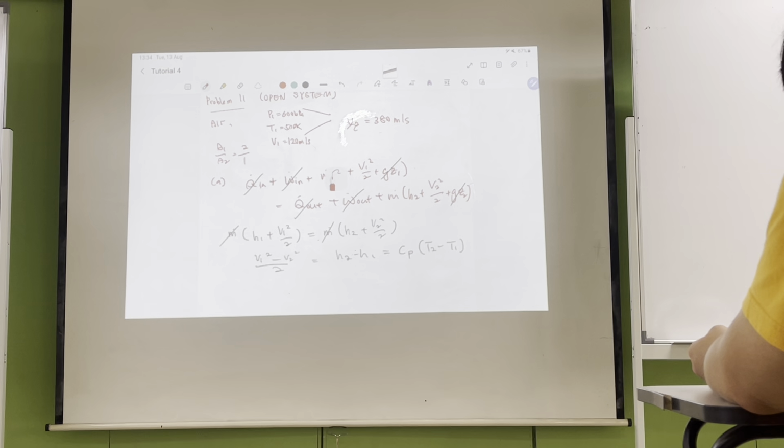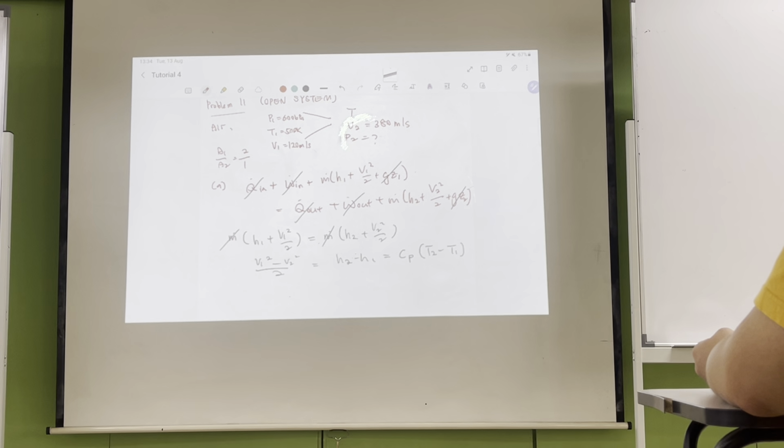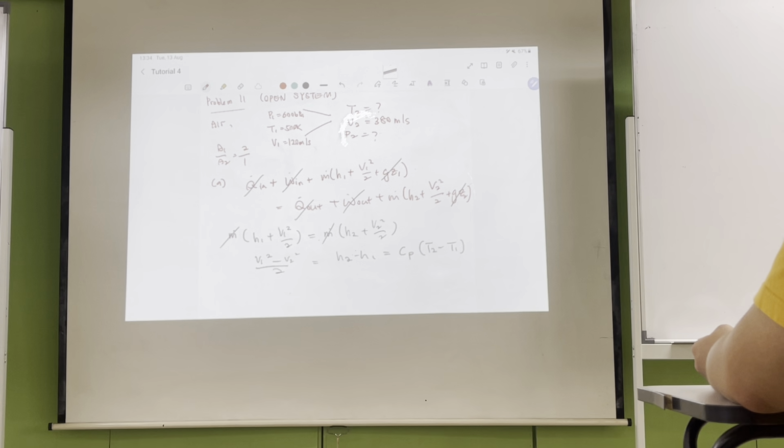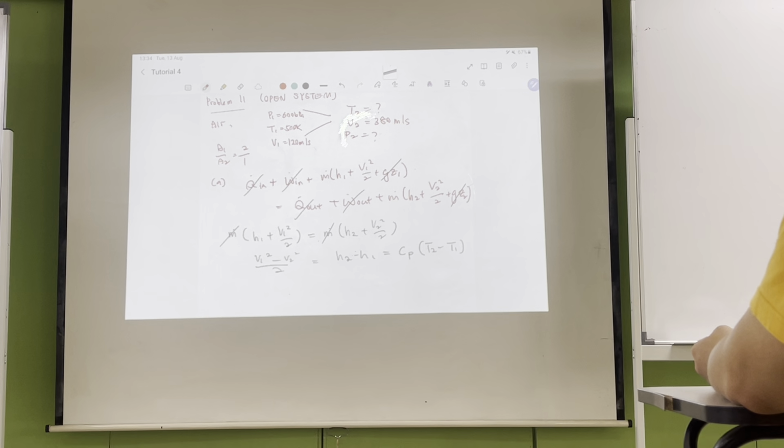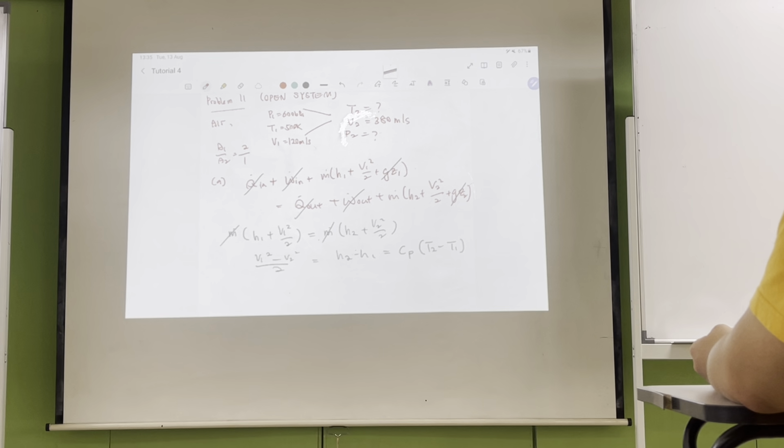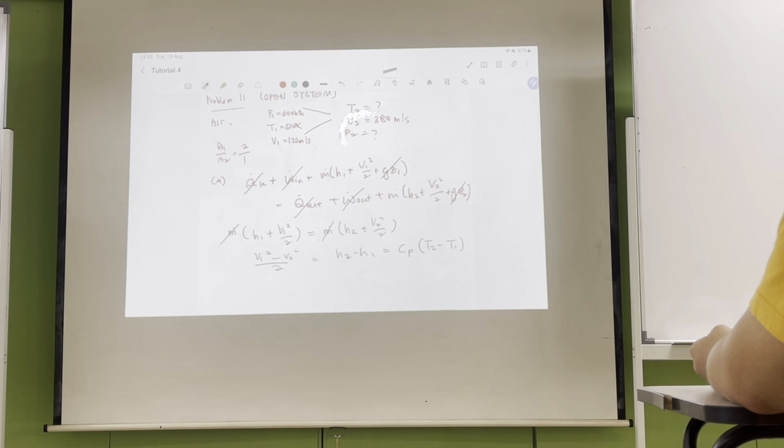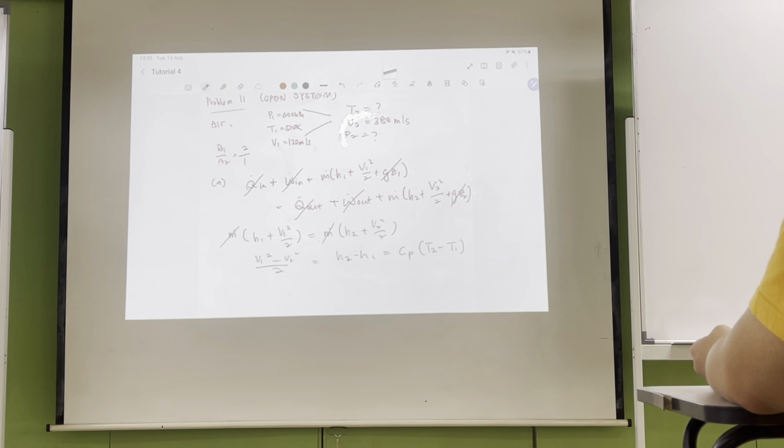So from here, you have everything. You have V1, you have V2. Cp, you can get from the table. Usually, we just assume 300 Kelvin if the question doesn't really ask for too much. Then you have T1 as well. Then you can find T2 in this case.